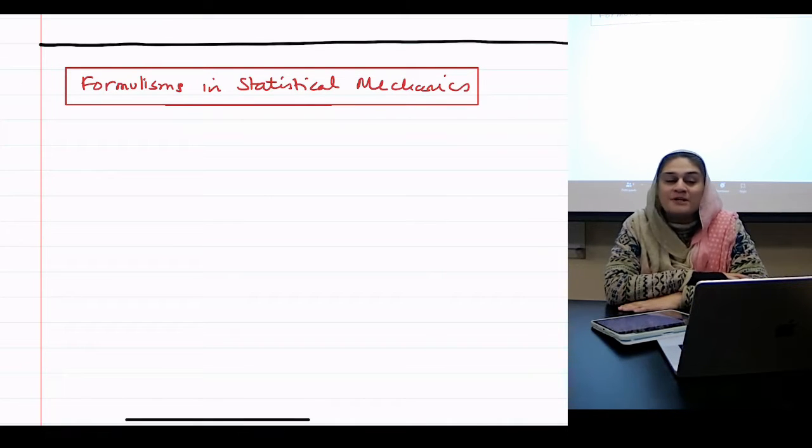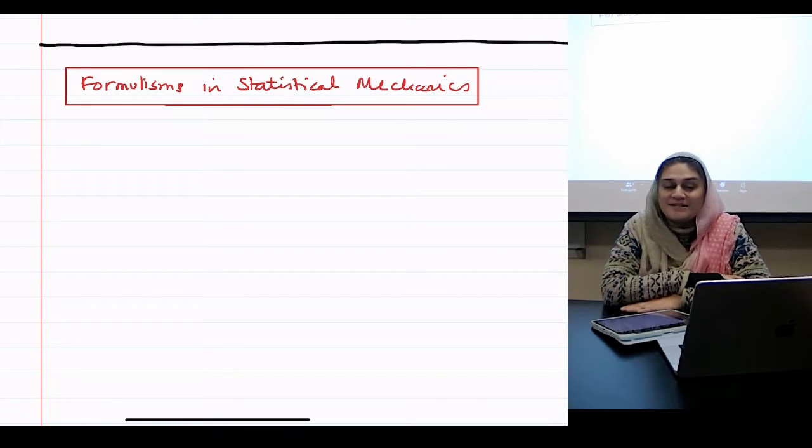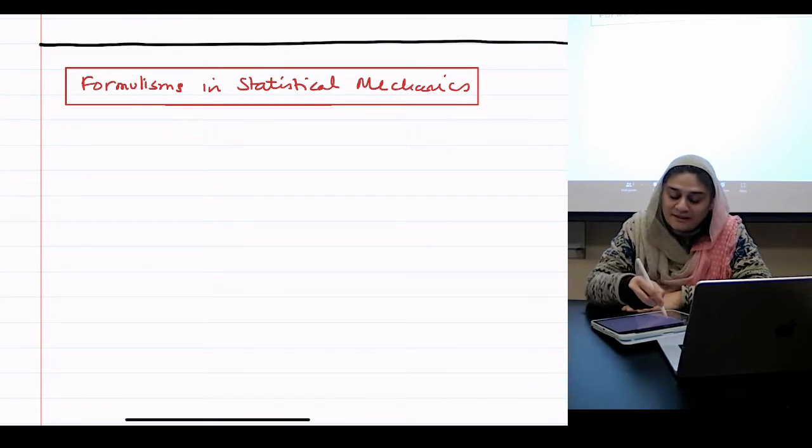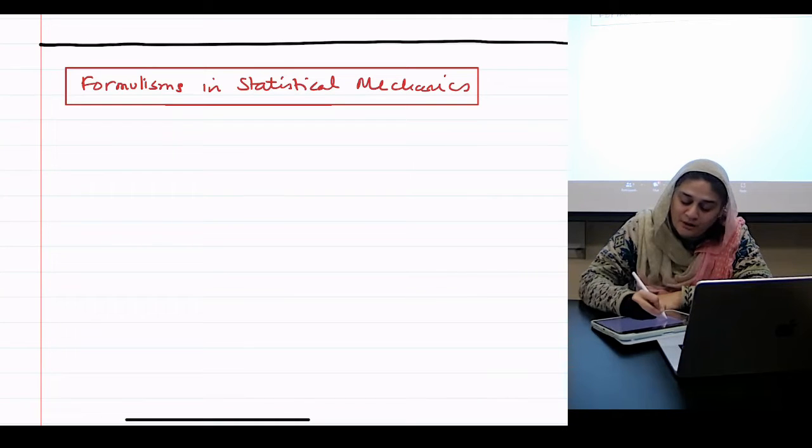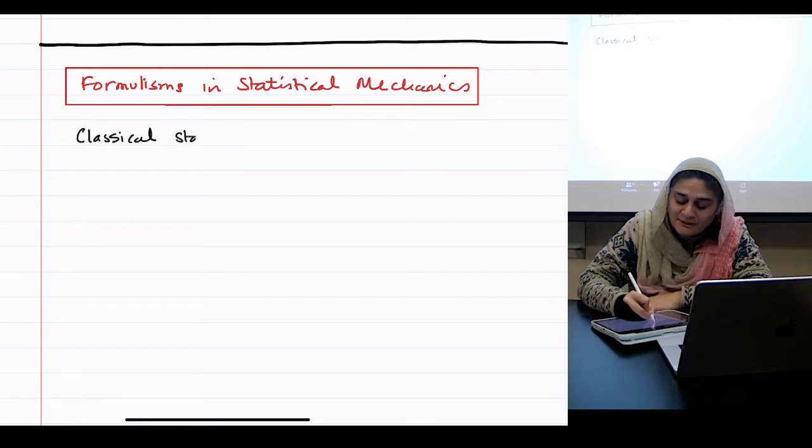When quantum mechanics first began, people like Maxwell, Boltzmann, and Gibbs tried to apply the formalism of classical mechanics to explain statistical mechanics. That developed a field called classical statistical mechanics.